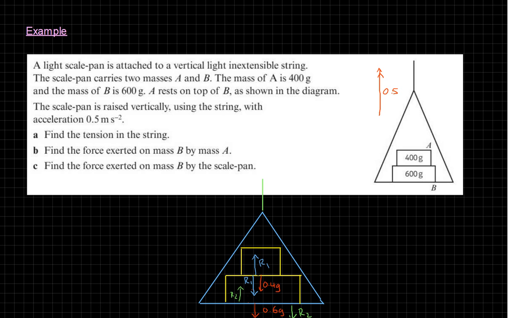What other forces are there? There's the weight of the lift itself, but that's 0 because it's a light scale pan. The scale pan has no mass effectively. And the other force, I've run out of colours now, is going to be the tension here, pushing it up. What do we think the equal and opposite force of this tension is?